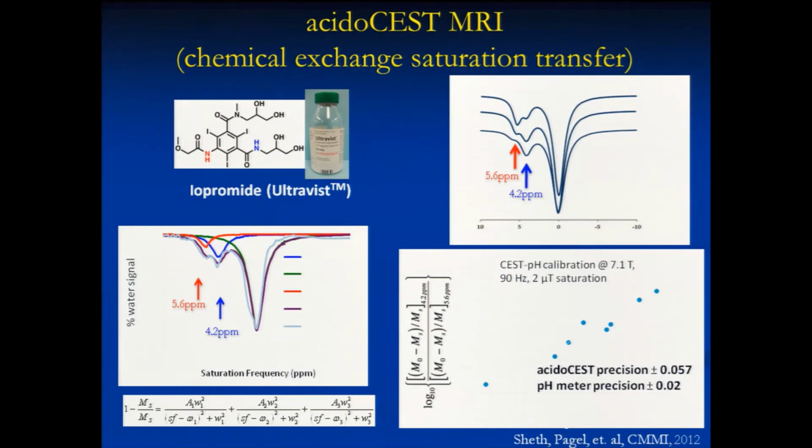Okay, acidoCEST is being done in the Pagel group at the University of Arizona, and it's done using a contrast agent, iopamidol, which has an amine and an amide group, where during saturation transfer there's a pH-dependent saturation of the water signal.